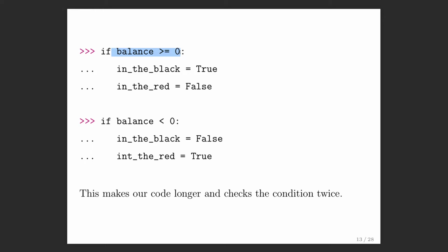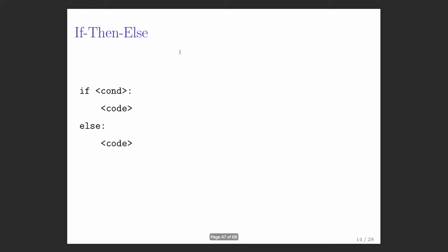So in order to avoid this, we're going to add a little bit of decoration to our if statement. And the decoration we're going to add is this else. Right? So we had if then something. Now we have if condition, then run this code, else run this code. And the else captures everything that the condition doesn't capture.